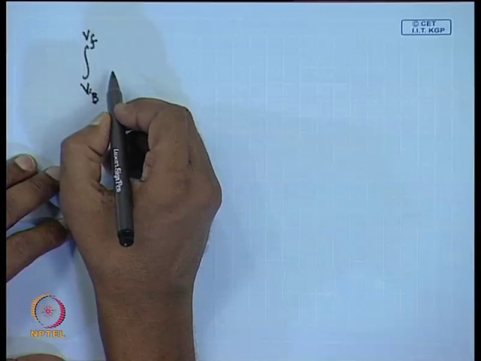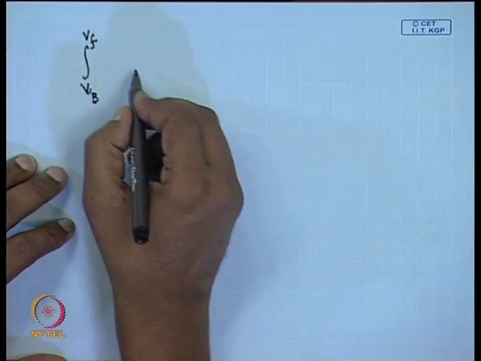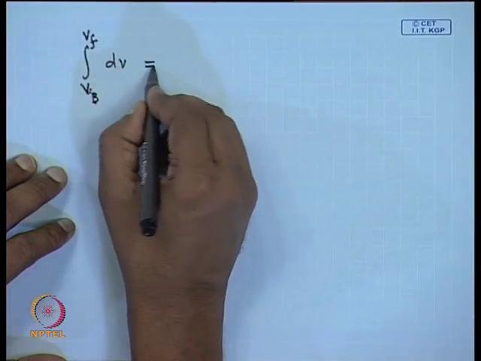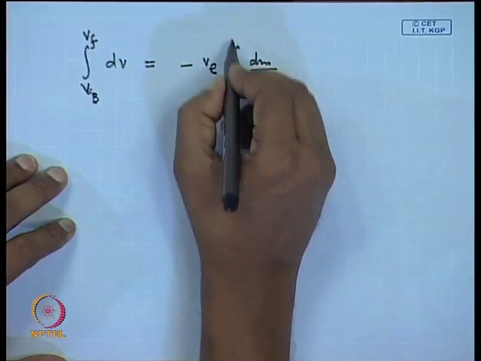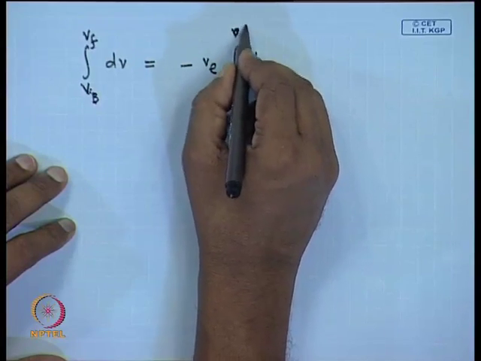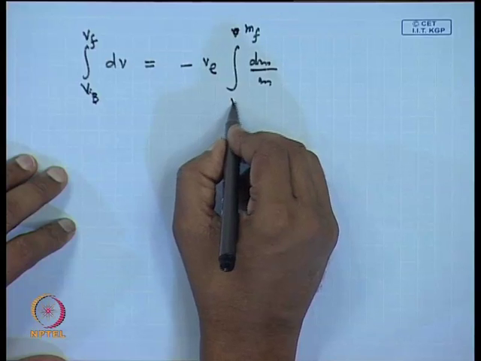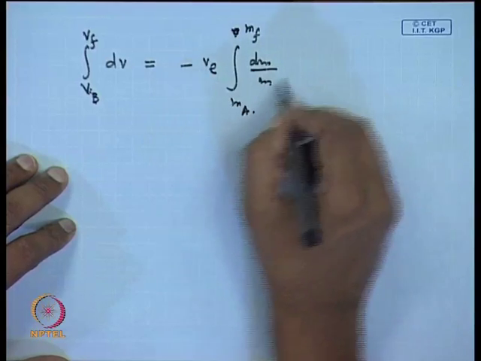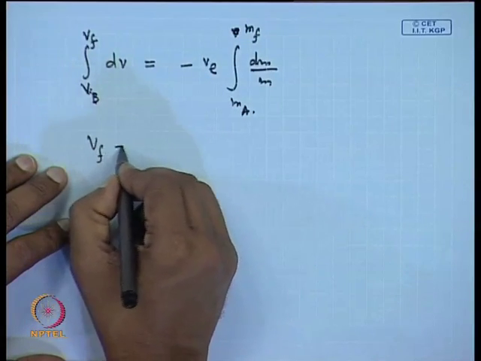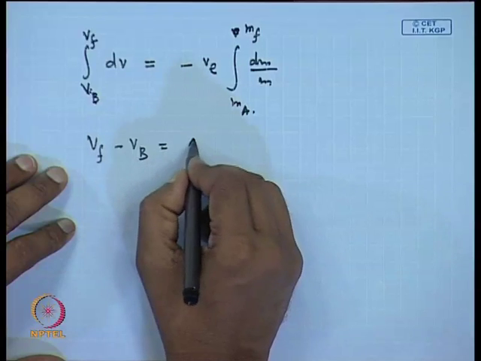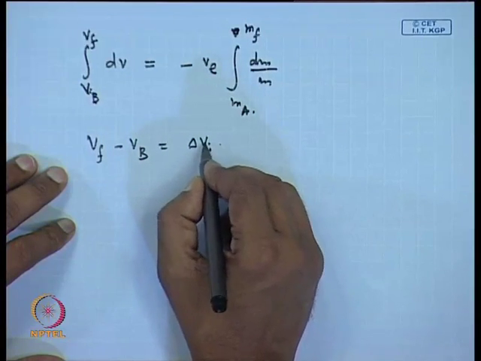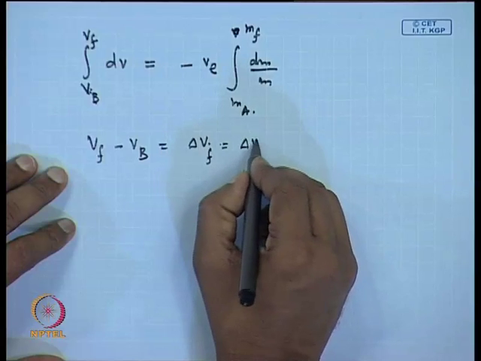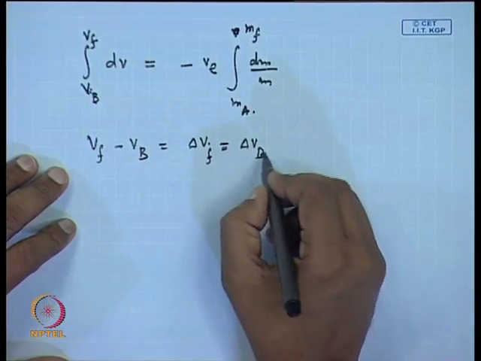Okay. Now, with these changed notations, again we can write dv equals minus v_e times dm by m, and now final mass is m_f and the initial mass is m_a. Okay. So, integrating we get v_f minus v_b is equal to delta v_f, which is nothing but the impulse required at b.